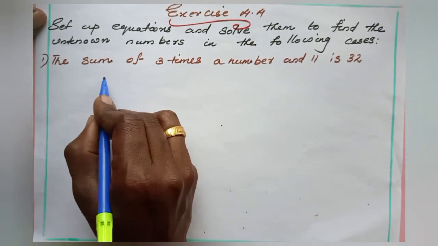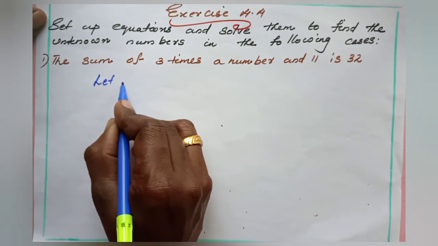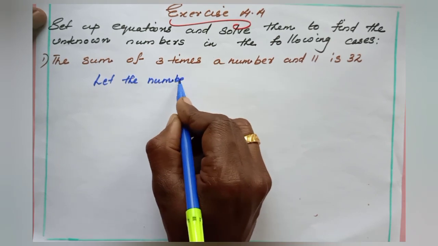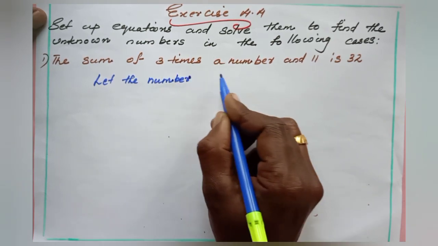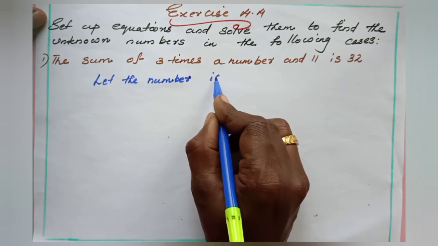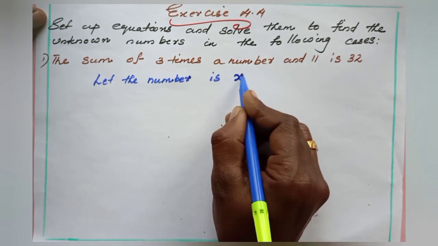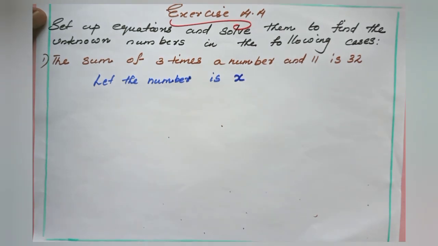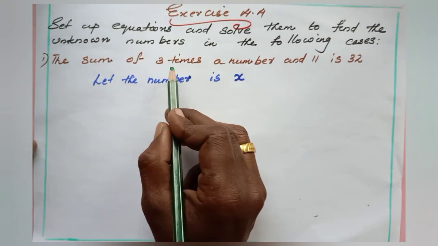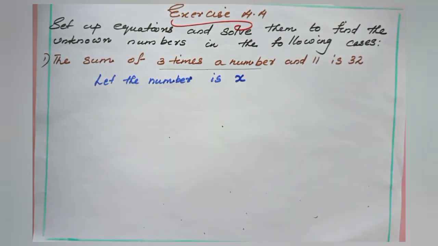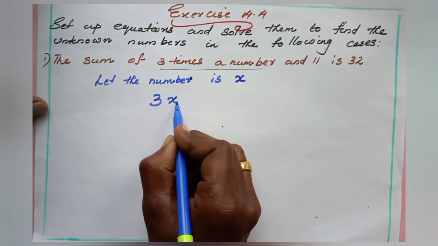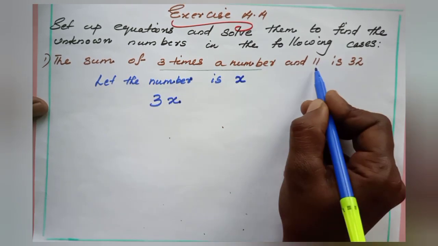So let the number be x. 3 times the number x means 3 into x, 3x. And 11.